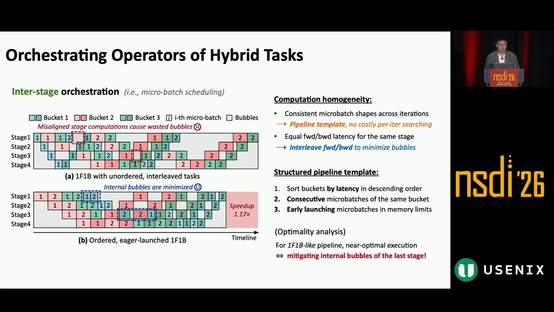Therefore, we propose to run the multitask pipeline in a structured manner. We sort buckets by latency, keeping micro-batches of the same bucket consecutive and launching as many as possible early. We have proven the optimality of this pipeline template, which is achieved by mitigating internal bubbles of the last stage.